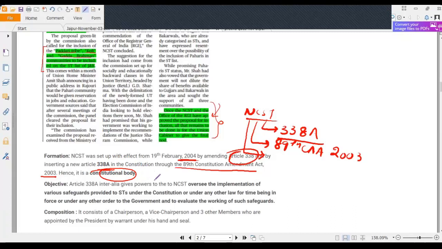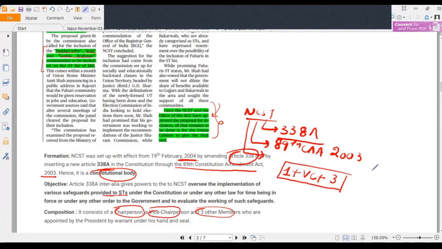Now it sees various aspects about welfare of scheduled tribes, implementation of safeguards and provisions for scheduled tribes, etc. Its composition consists of a chairperson, a vice chairperson, and 3 other members. So total 5 members.